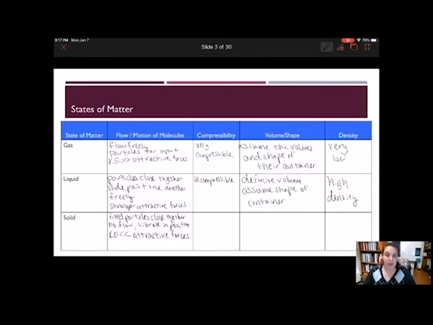Again, very close together, so they're incompressible. And since they have no flow about them whatsoever, they're going to have a definite shape and a definite volume.